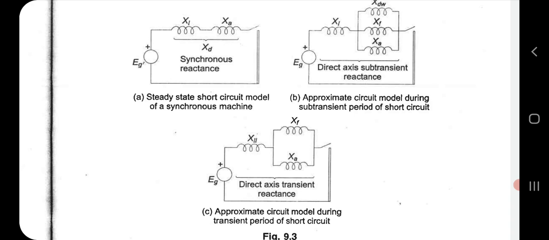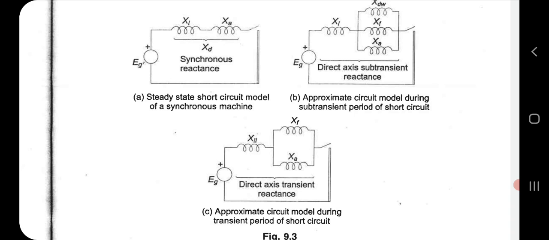When it increases to the maximum value, the fault is transferred to the generator armature winding. So when the high current is transferred to the armature of the generator, then automatically the flux also increases in the machine.